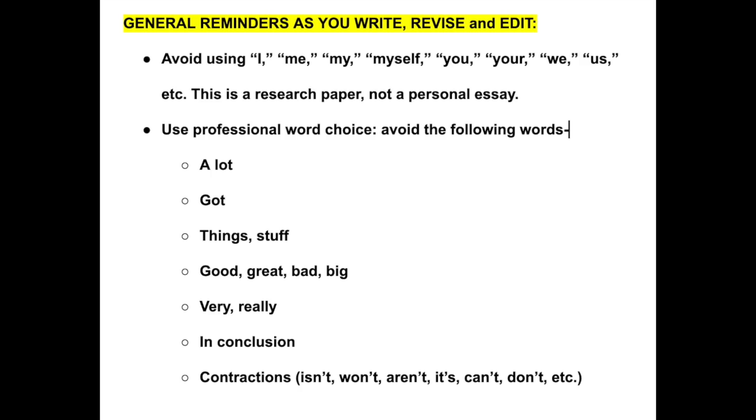exclamation marks. They don't have a place in a research paper, as well as the list of words that you see provided for you. So some of those obviously include personal words.